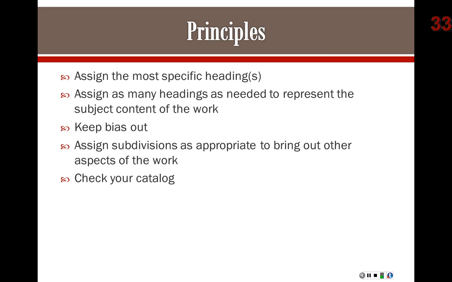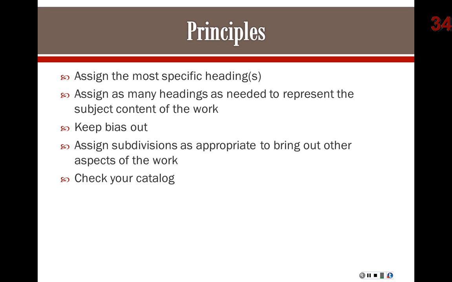But if we had a work about gardening vegetables, and there's a couple of chapters on natural pest controls, a couple other chapters on pesticides for pest control, and then some chapters on the environmental impact of pest controls, that is a significant aspect of this book, and so you definitely would want to bring that out in the subject headings.